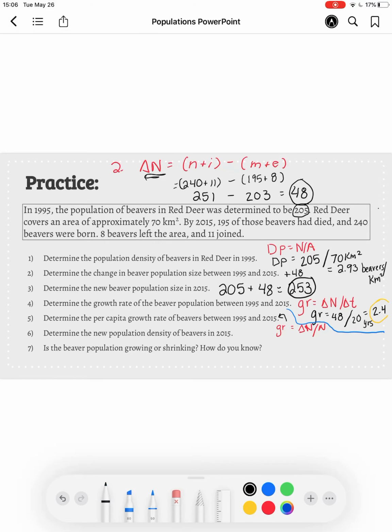So for number 5, we're doing the per capita. So we're using our delta N, which is 48, divided by the N. So it's how many beavers were in the population when we started. Well, there was 205. So if we go 48 divided by 205, we'll get our answer.